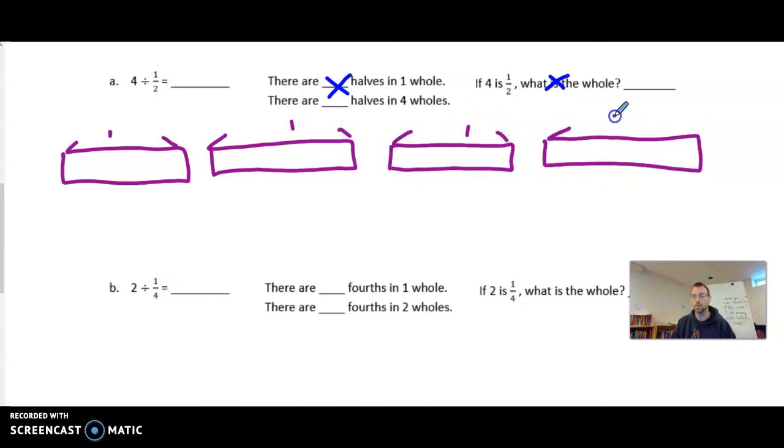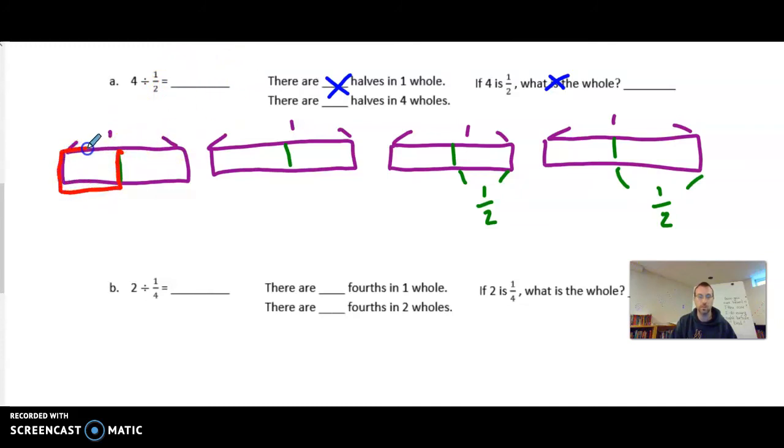There's our 4 wholes. And we're going to cut them up into, if you're thinking halves, you're certainly correct because we're dividing it into halves. And I'm just going to take one of those and label it. You certainly can label all of them if you want. But now it's asking how many groups.